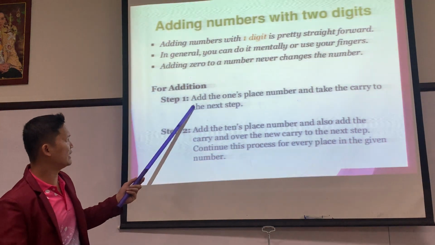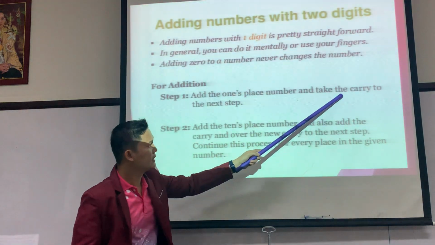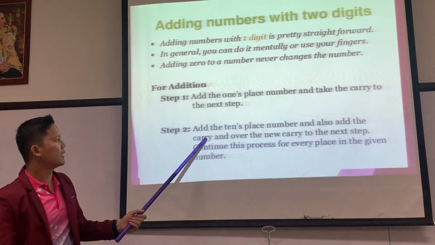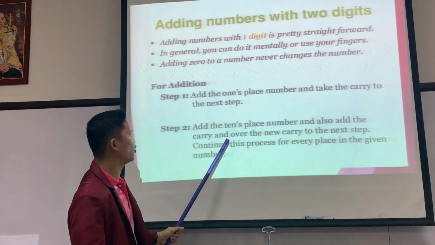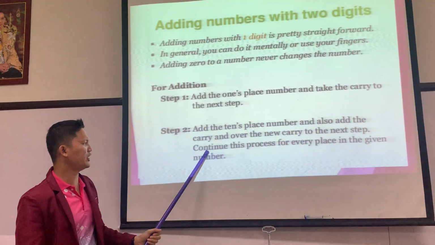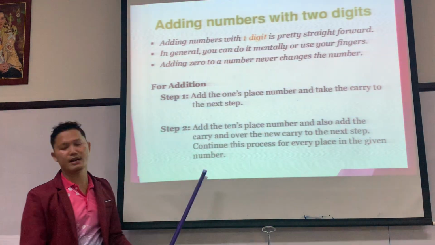Step 1, in addition, add the ones place numbers and take the carry to the next step. Step 2, add the tens place numbers and also add the carry, and carry over the new carry to the next step. Continue this process for every place in the given number.